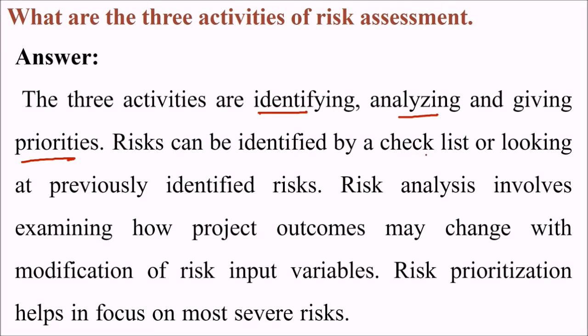Risk can be identified by a checklist or by looking at previously identified risks. Risk analysis involves examining how project outcomes are going to change with the modification of risk input values. So risk prioritization helps in focusing on the most severe risks, which may result in something catastrophic.